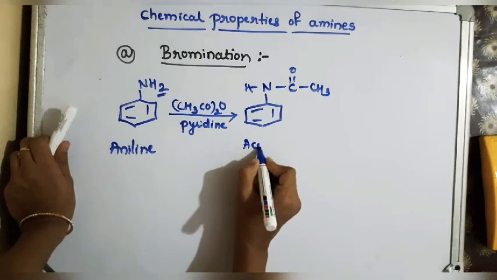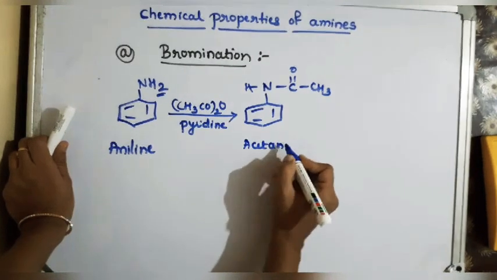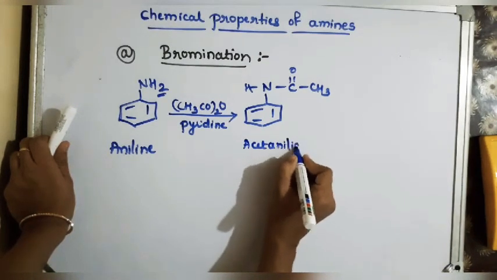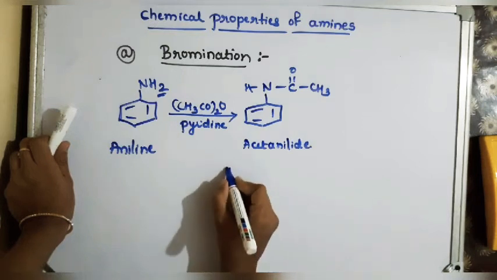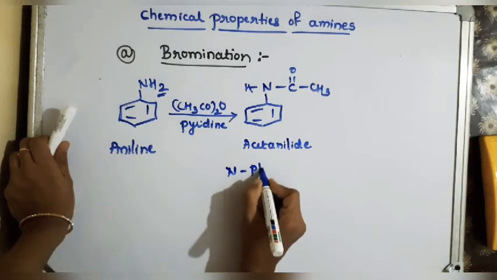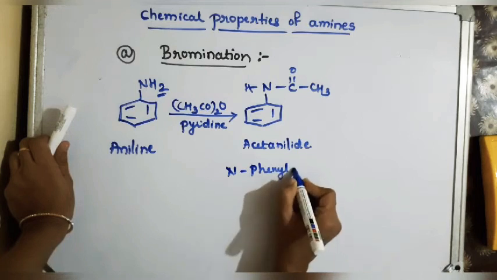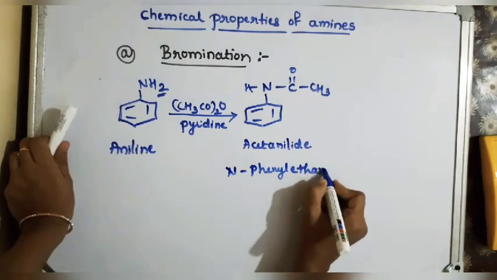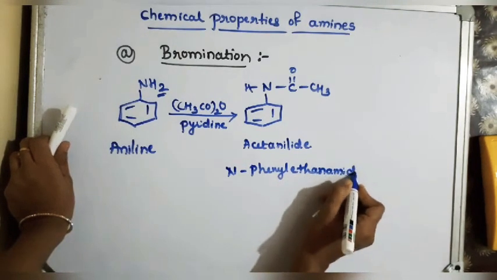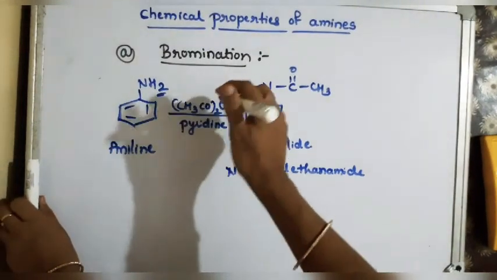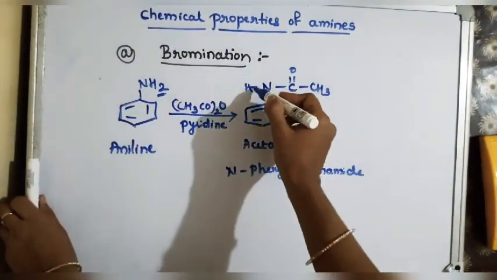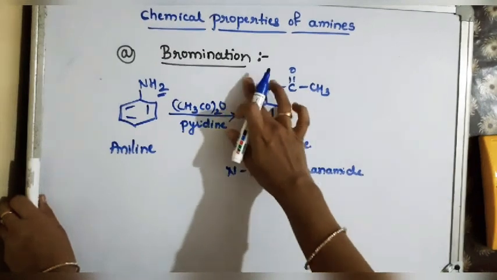The common name of this compound is acetanilide, and the IUPAC name is N-phenylethanamide. Okay, so first we have to protect this NH2 group by acylation.